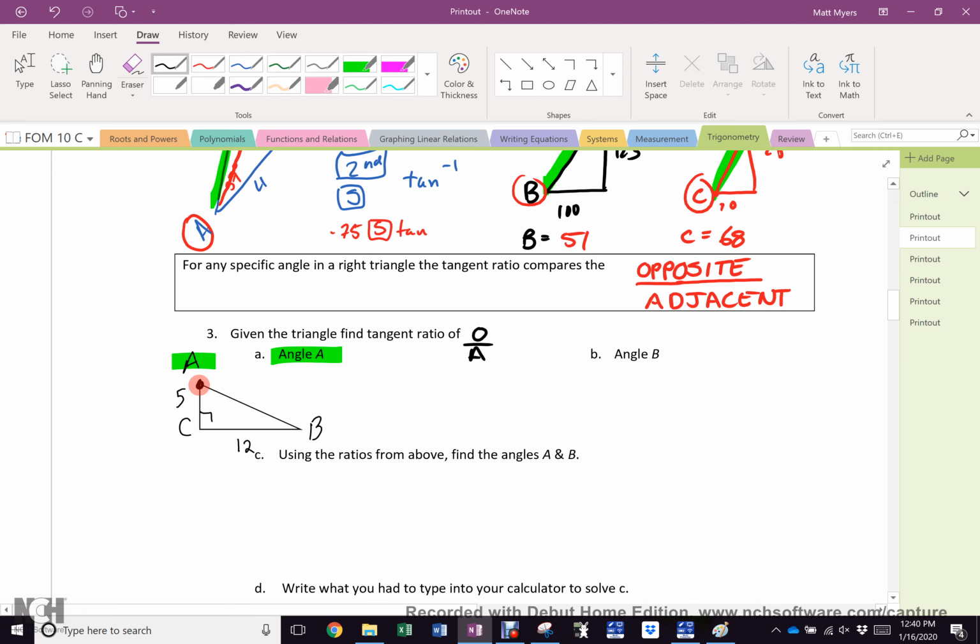Across. So here is A. What is across the shape from A? 12. What is adjacent to A, but isn't the hypotenuse? 5. Everybody cool? Everybody understand? All right.